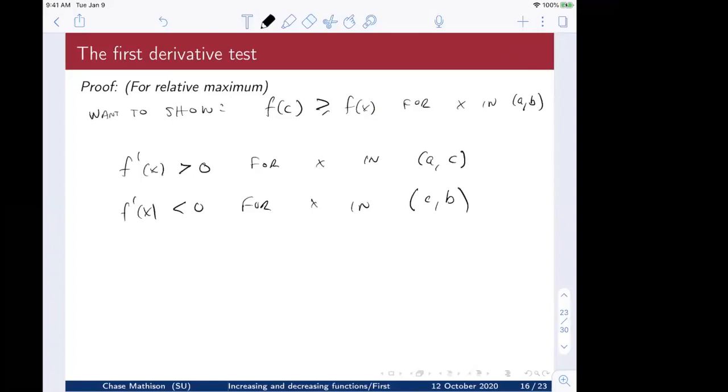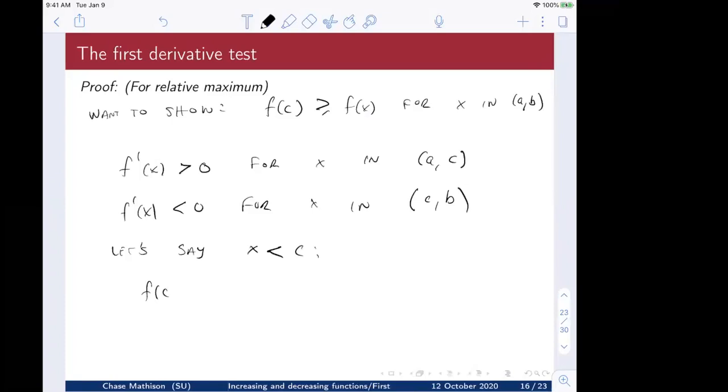So f of c minus f of x over, let's say for a second, x is less than c for a second.